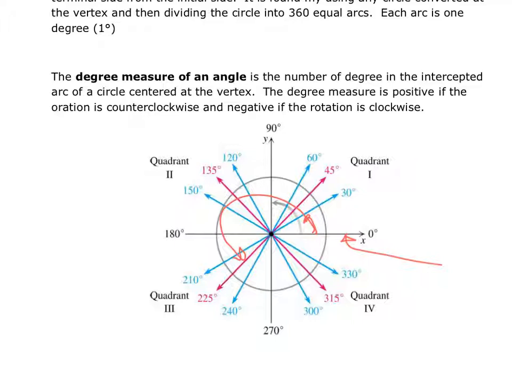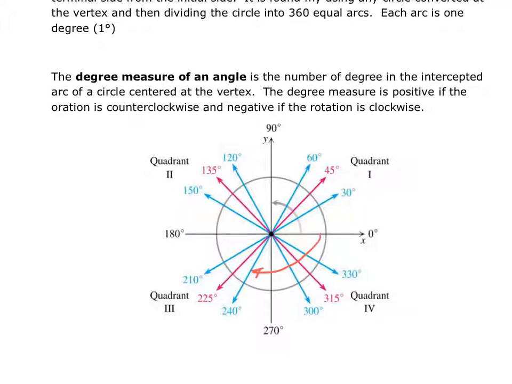I am going in the counterclockwise direction. If I am going in the clockwise direction, those would be negative angles. So positive angles are counterclockwise, negative angles are clockwise. Are there any questions so far?